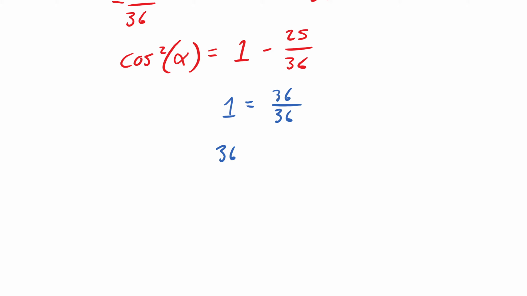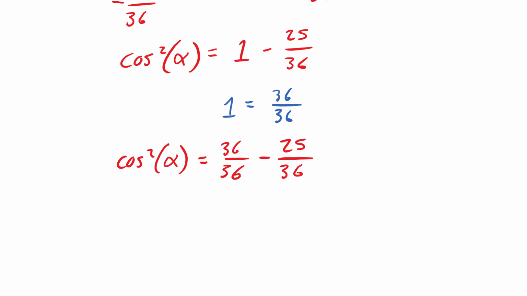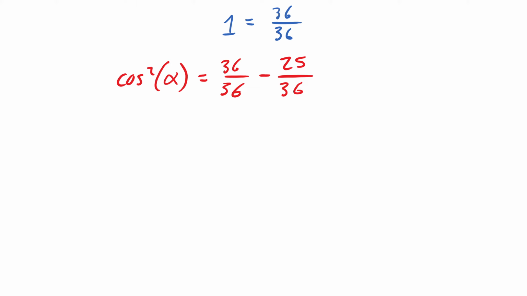So let's rewrite this to cosine of alpha squared equals 36 over 36 minus 25 over 36. And so 36 minus 25 is 11. 11 over 36 equals cosine of alpha squared.